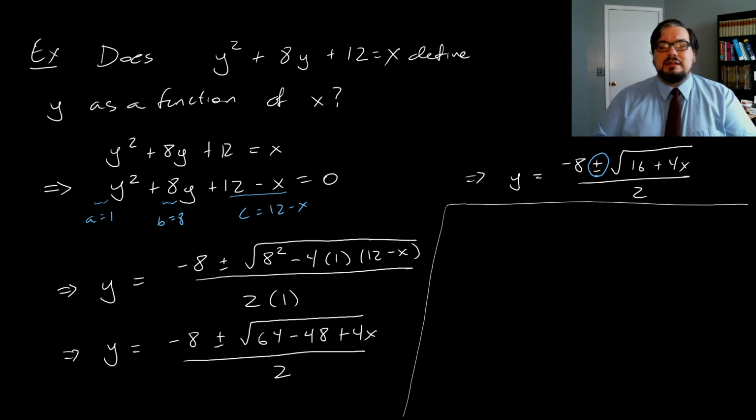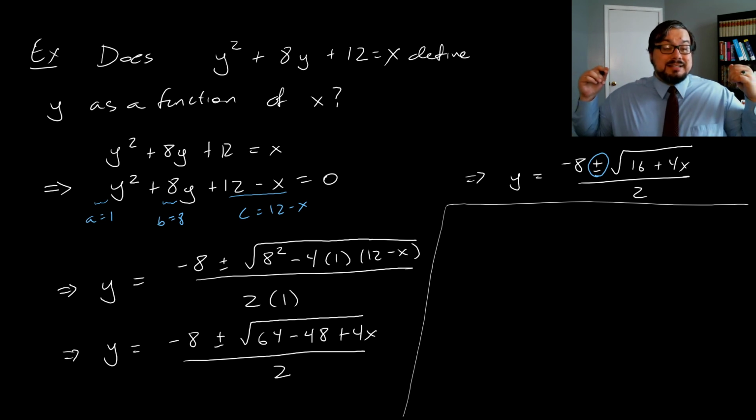So let's answer this question. Having gone through this process to get to the point where we're pretty sure the answer is no, this equation doesn't define y as a function of x, but now let's prove it. What we can try doing is just picking a value of x and seeing whether we get two different y values out of it.